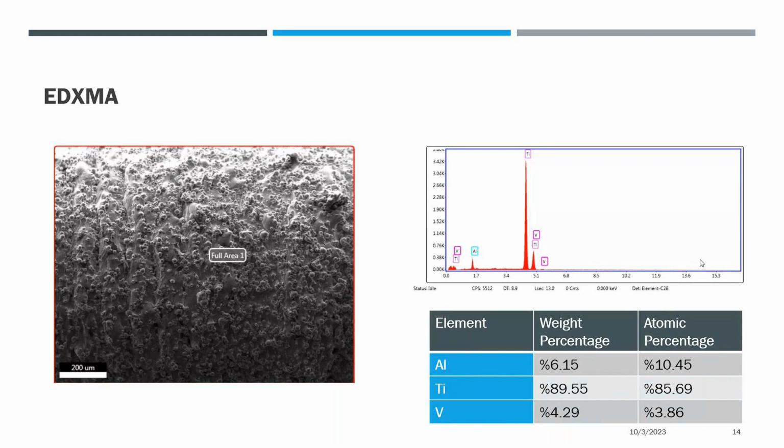And vanadium was in weight percentage of 4.29% and atomic percentage of 3.86%, which are to our liking. And you can see that there were no other materials and no impurities in our final sample production, which is, of course, another pro of this manufacturing technique.